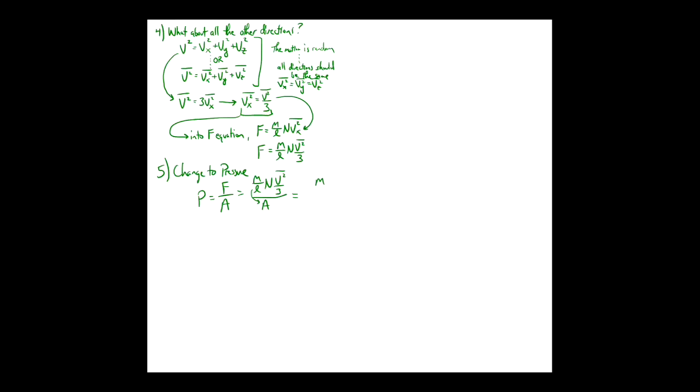So now I've got M N v squared average over 3. Actually, let's move that 3 up front as well and write this as 1/3. And now in the denominator, I have L times A. What's L times A? It sounds a whole lot like volume, right? So this is 1/3 M N v squared average over the volume.